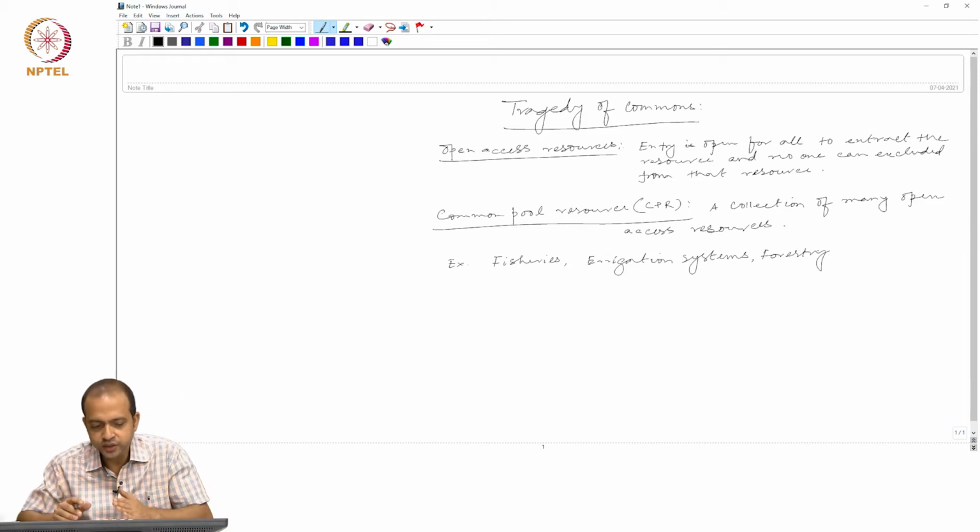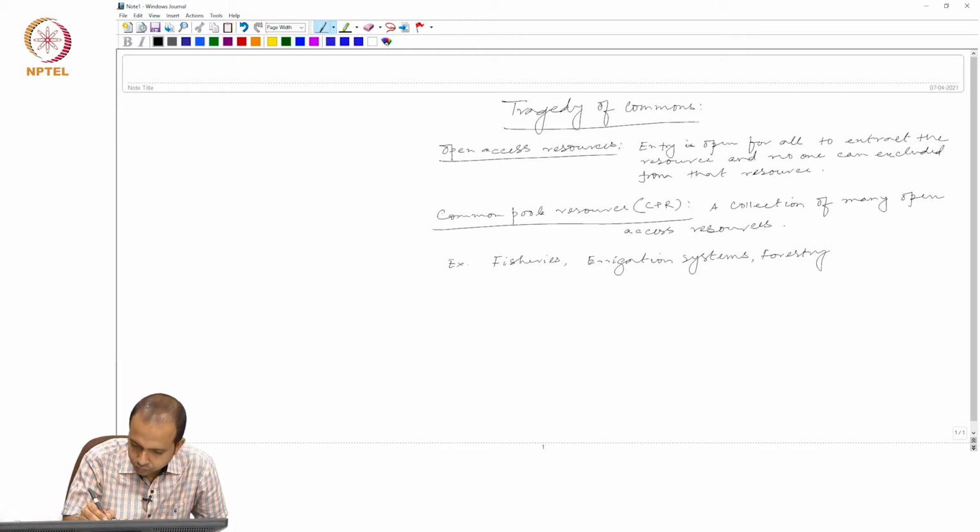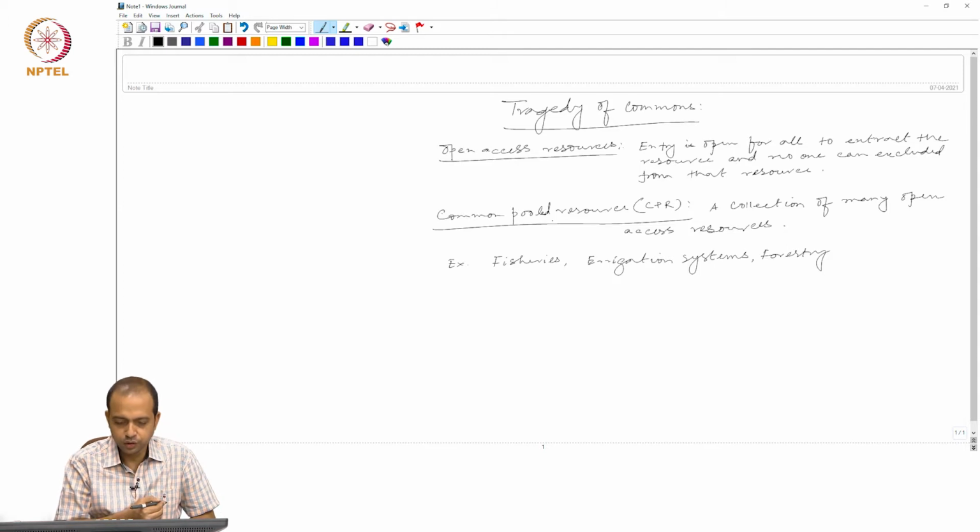These are all examples of common pool resources, which are a collection of many open access resources. Now, in this case, this common pool resource has basically two distinguishing features.